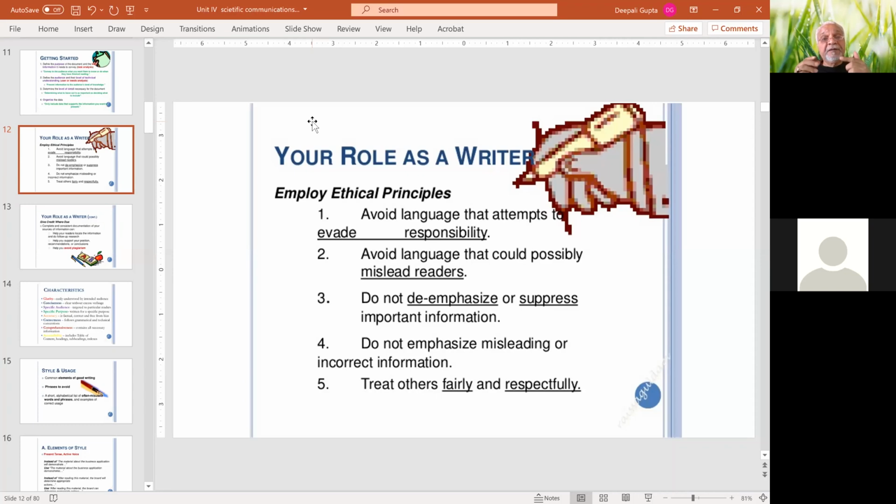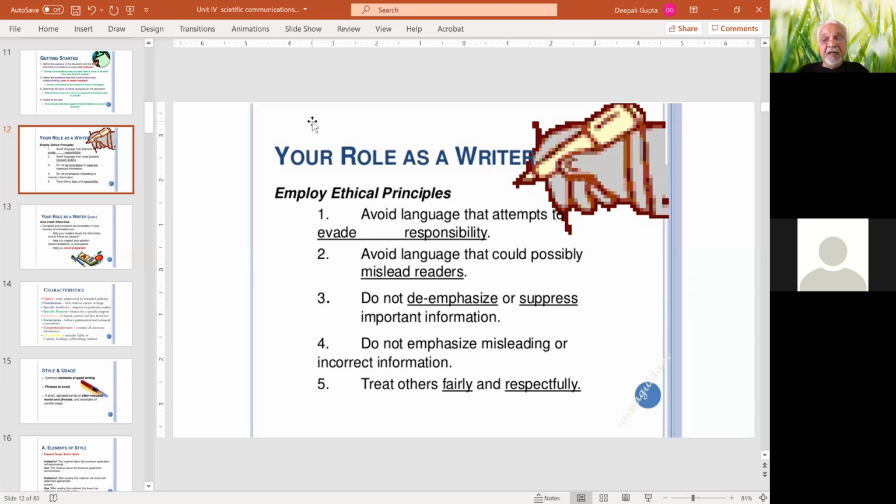As a document preparer or writer, you should give proper emphasis to the information you are trying to give to the readers. You should not try to suppress something or give more emphasis to some facts, okay?